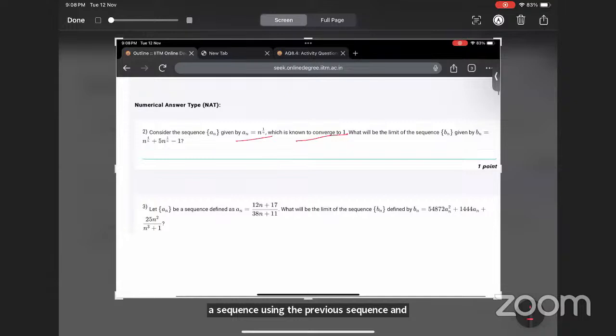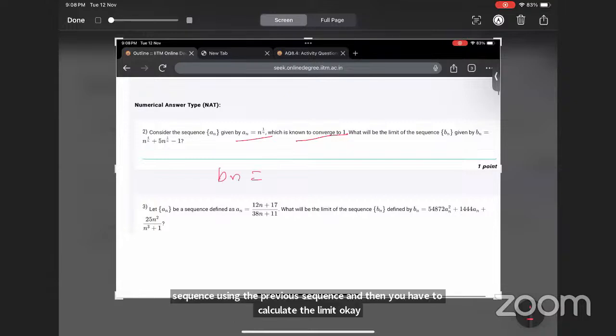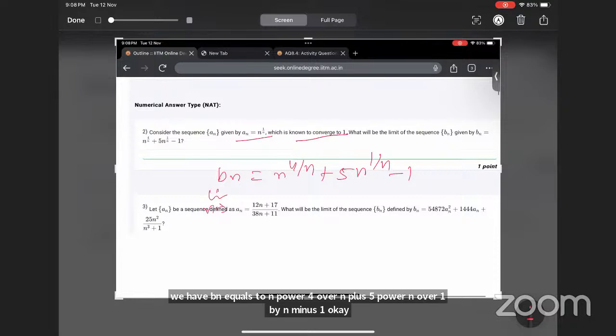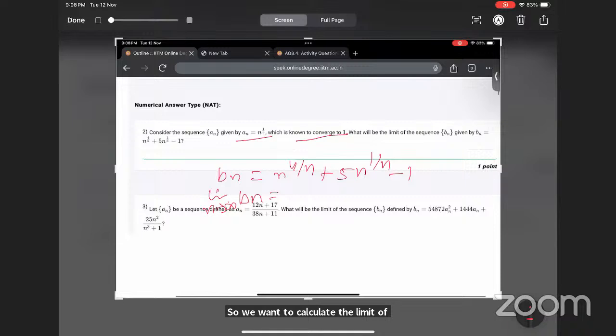So we have b_n equals n^4 over n plus 5 to the power n over 1/n minus 1. We calculate the limit of b_n. We can break the limit: the first limit, 1/n, goes to 1. So it is the limit of (1/n)^4 plus 5, times the limit of n times (1/n minus 1).